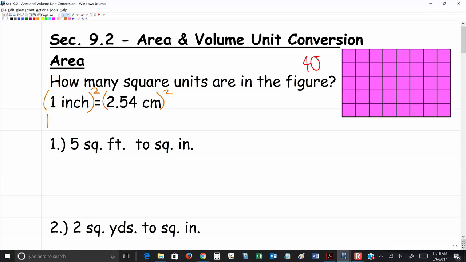So 1 square inch is equal to whatever that is. You can go ahead and square it, or you can just write squared for square centimeters. So 2.54 squared would be 6.4516 square centimeters.